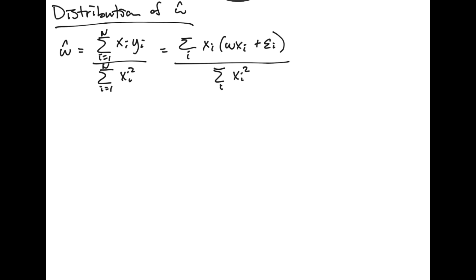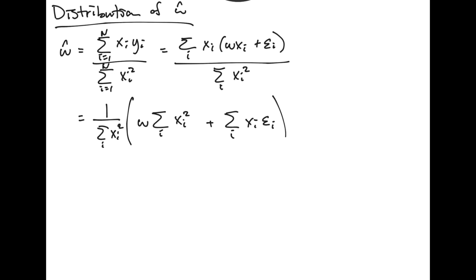And now what we would like to do is simplify this. You can think of the denominator as a constant, and then we're just expanding the top part. So we have w times the sum over i of x sub i squared, plus the sum over i of x sub i epsilon sub i.